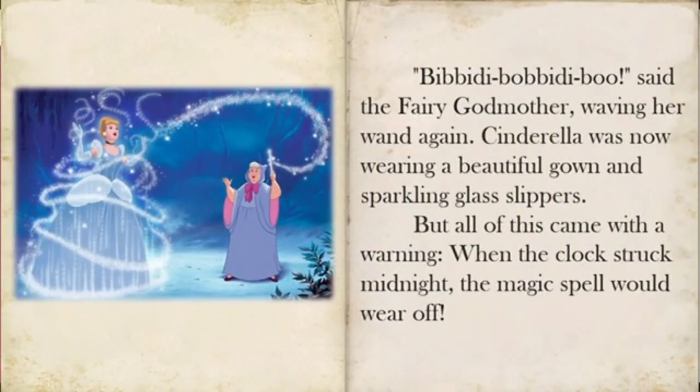"Bibbidi-bobbidi-boo," said the fairy godmother, waving her wand again. Cinderella was now wearing a beautiful gown and sparkling glass slippers. But all of this came with a warning. When the clock struck midnight, the magic spell would wear off.